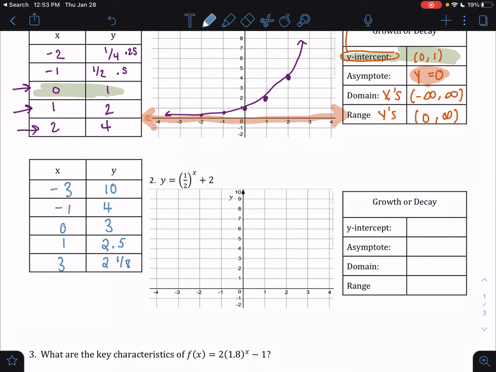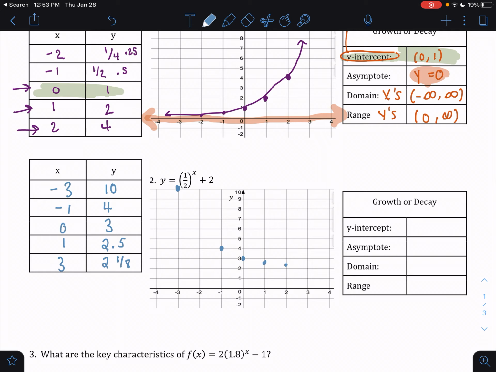So this is what we should get. And now let's graph it. So -3 up 10. Over -1 up 4, over 0 up 3, over 1 up 2.5, over 3 up 2 1/8.